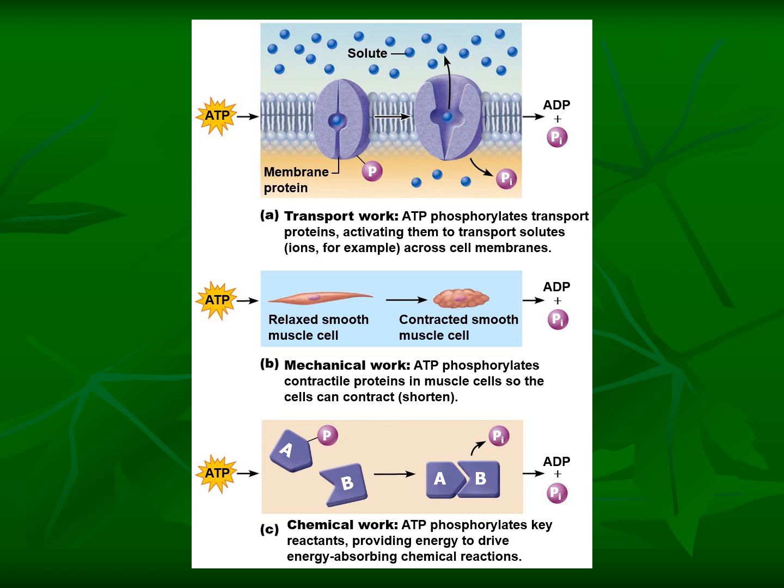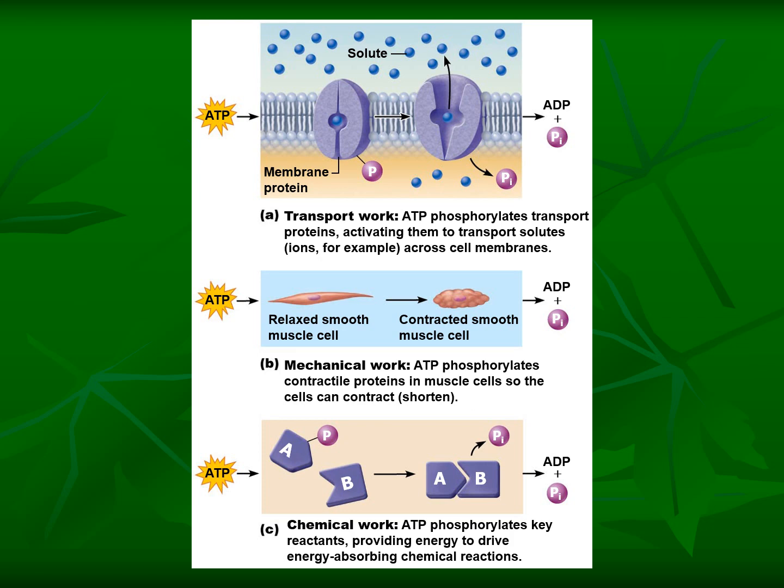So you will find throughout the semester as we go into detail later on with some of the different systems and the physiological processes that are occurring, that sometimes the cell has what we call transport work, where the ATP is phosphorylating proteins.